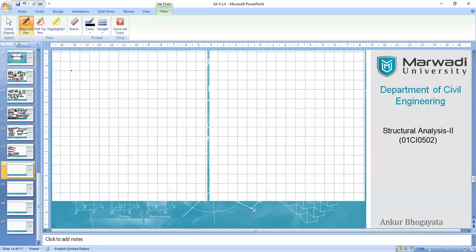We got it. So friends, let's have a quick look at the fixed beam analysis by typical methods. There are two popular methods. First is the moment area method, where you are comparing the areas of the diagrams.